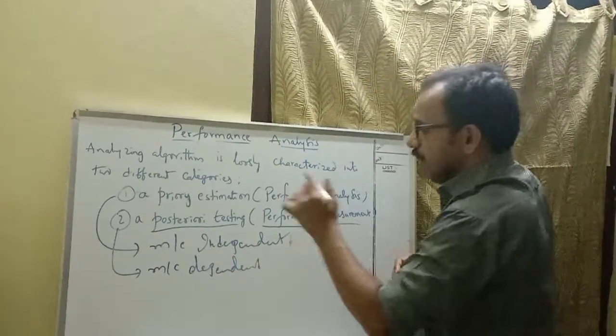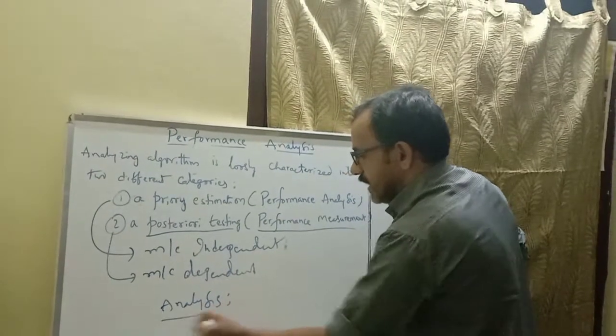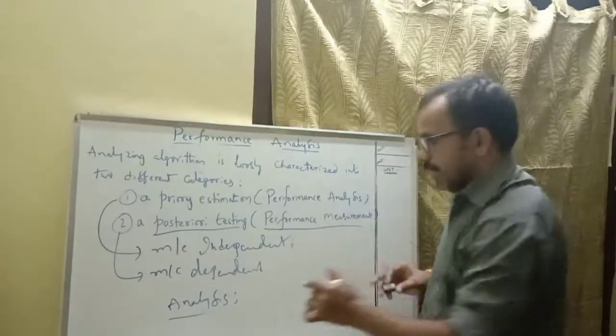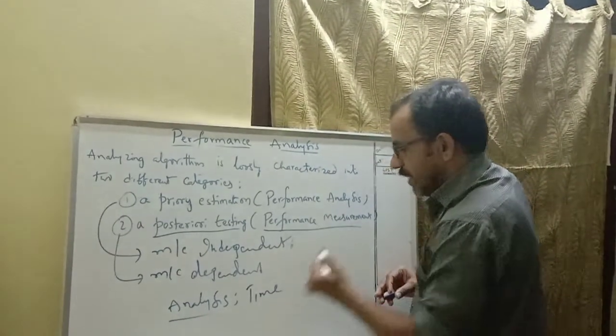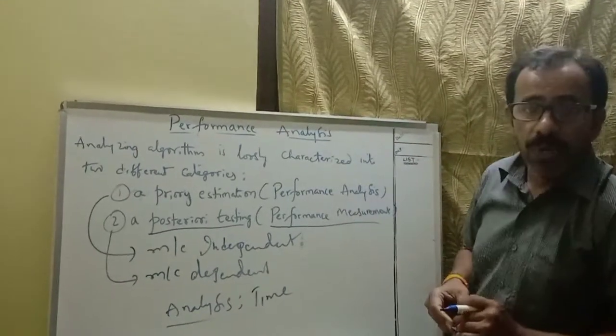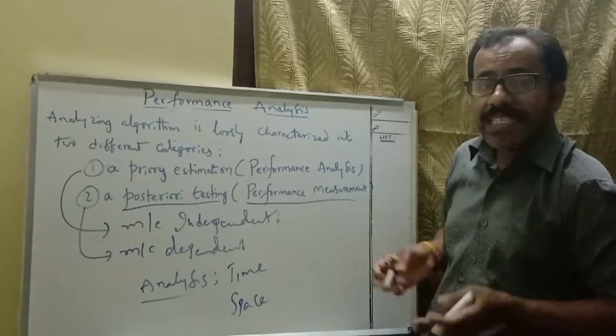But ultimately, what is the use of applying analysis? What is the target? Generally, we apply analysis on either an algorithm or a program to find how much time is required to solve the problem, and how much space is required by the program as well as data for storing.